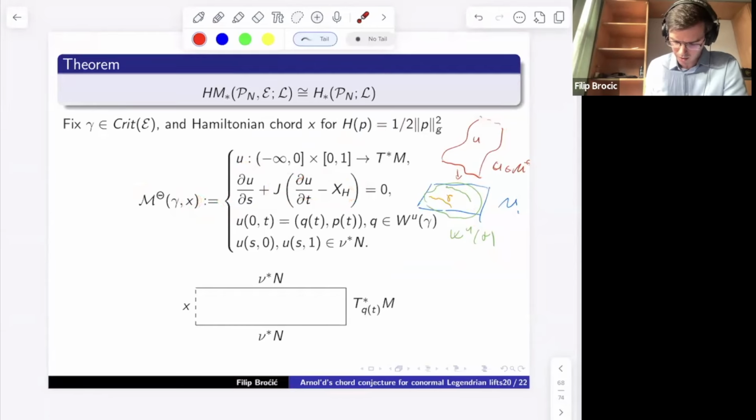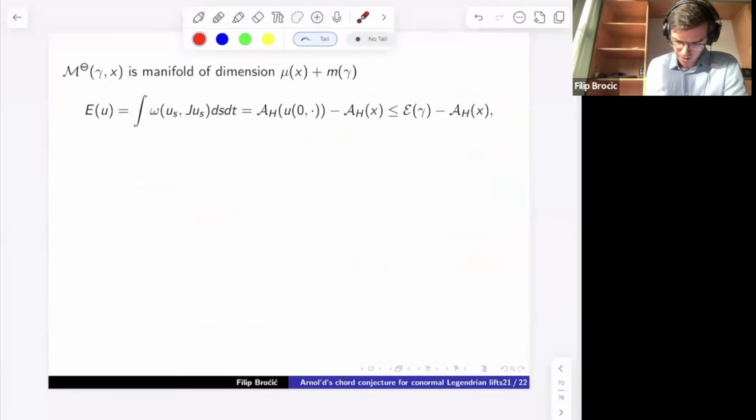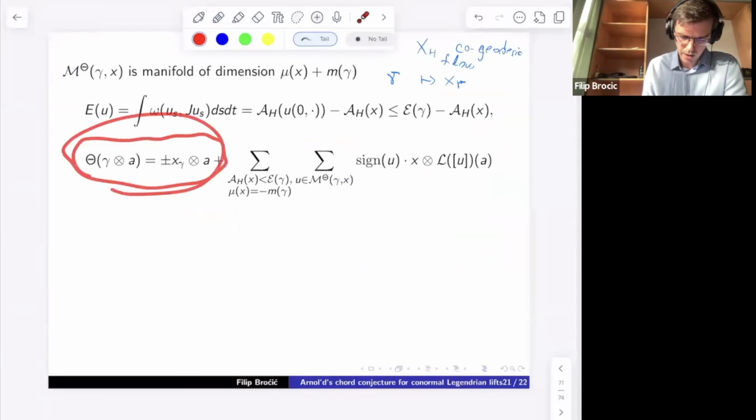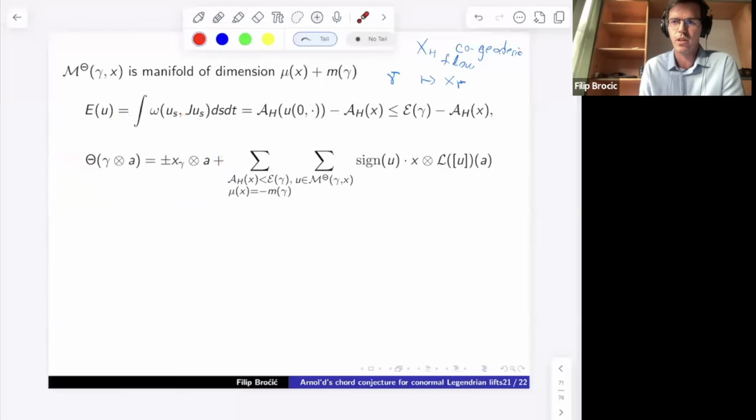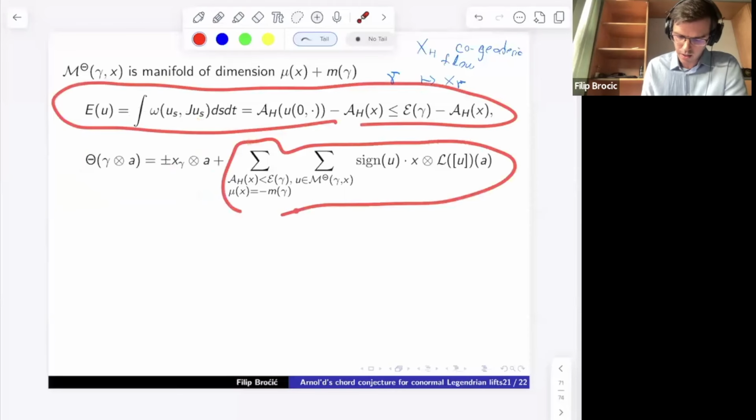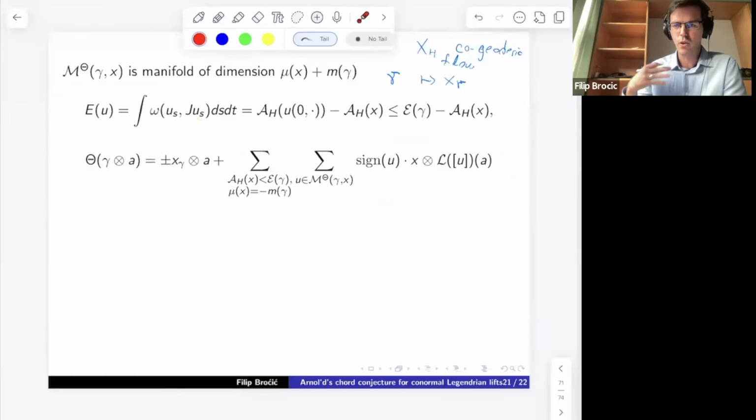In the particular case when gamma corresponds to X gamma, we'll have just one element of the moduli space. And then because of these energy estimates, all other elements from the Floer side that are hit will have smaller action than the energy of our geodesic.